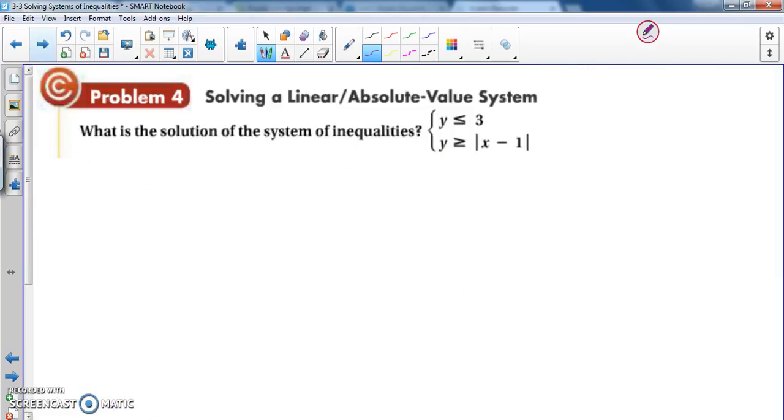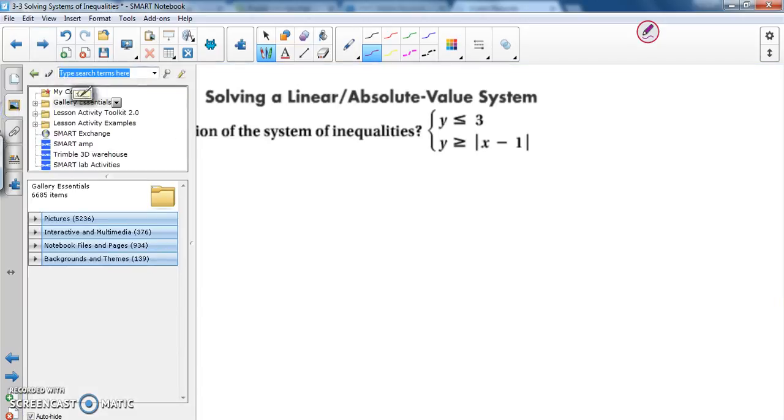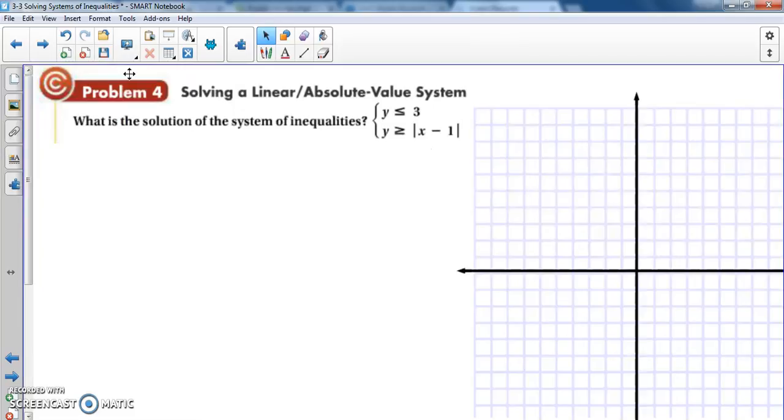Okay. What is the solution of the system of inequalities if y is less than or equal to 3 and y is greater than or equal to the absolute value of x minus 1? So, our two inequalities in this system are not both lines.